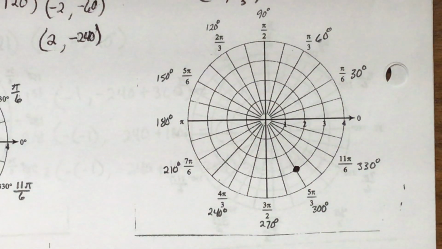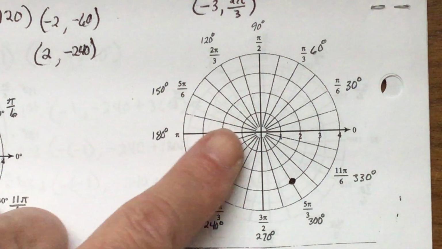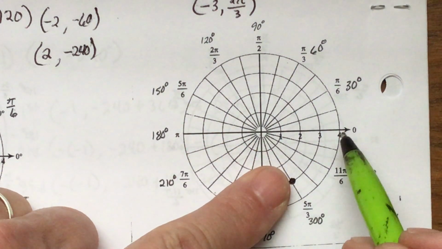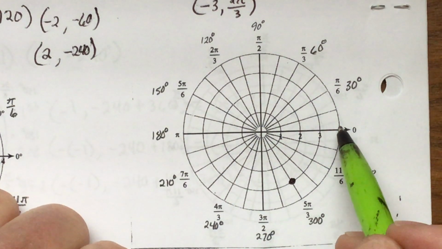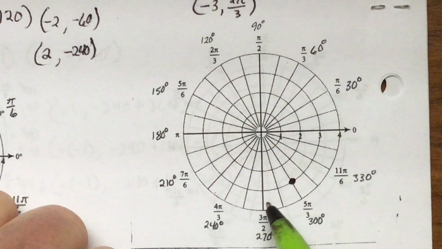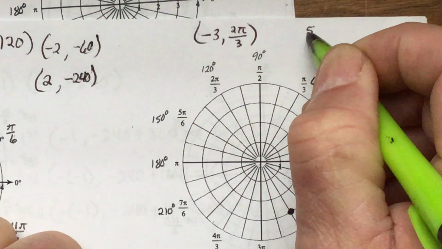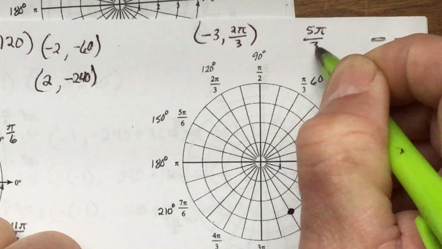How else can we get there? Well, let's see. To get to here, positively, we could rotate around 5 pi over 3.